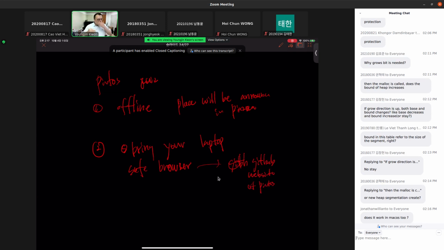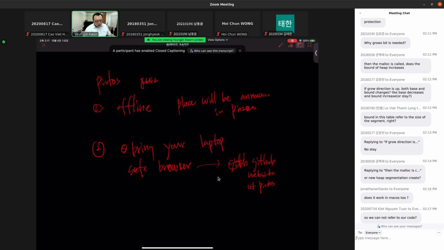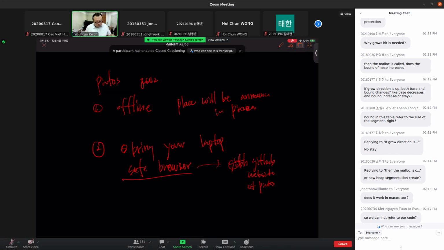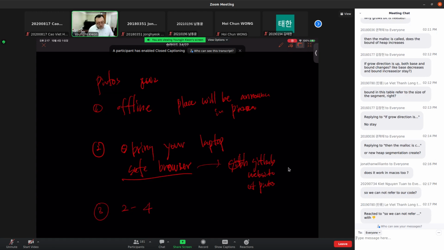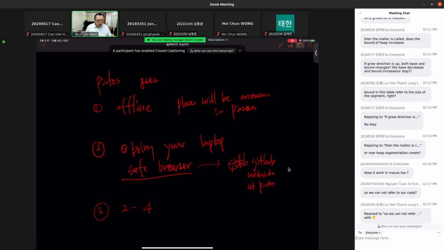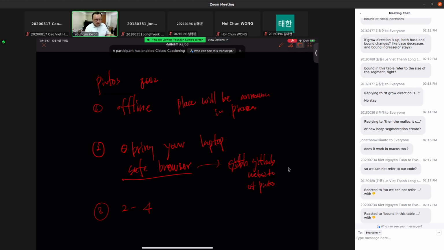All the Pintos answers, the patches of the solution, the full-blown Pintos code will be given, and you can navigate it using GitHub via the safe browser. Then we'll prepare two to four questions depending on the difficulty. If you are given a long time, like 2 hours, you can actually understand the source code on the spot.